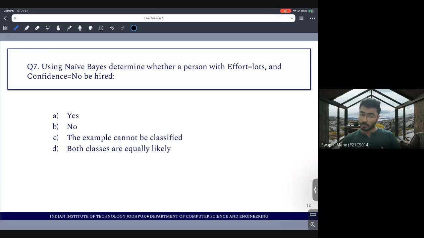Here you can observe the GPA is not provided. Only partial attributes have been provided here. Based on these partial attributes, can we find out whether this particular person is hired or not hired?